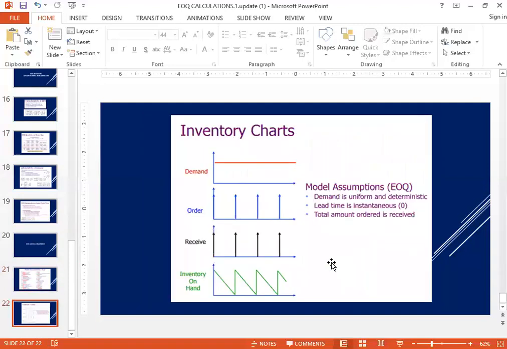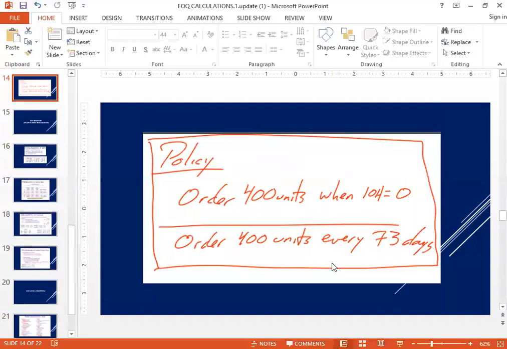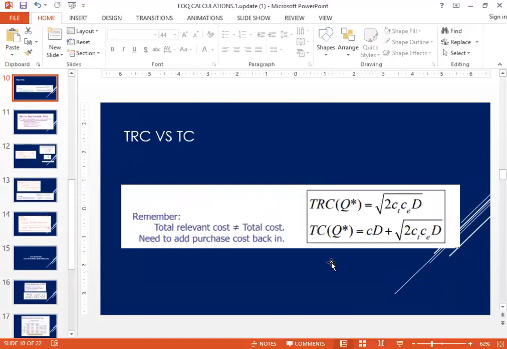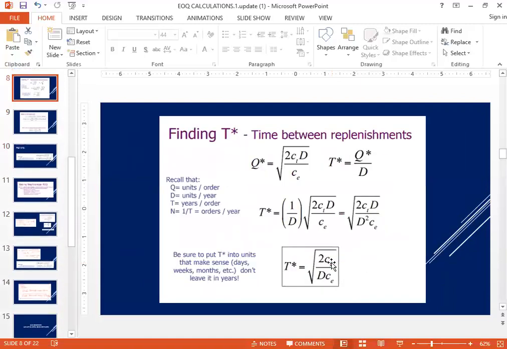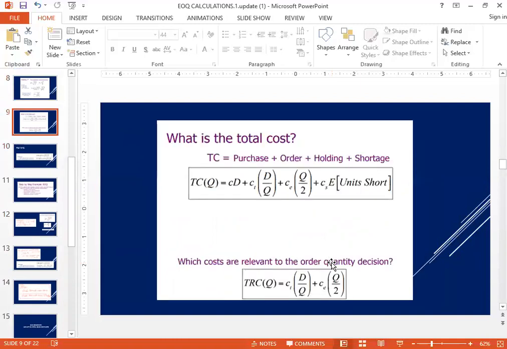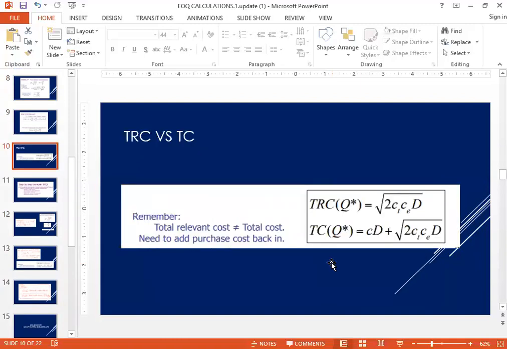So with that, I come to an end to this lecture. I will be giving practice questions. The main emphasis that I would like all of you to focus on is how to calculate EOQ, T star, N, the total cost, and the total relevant cost.